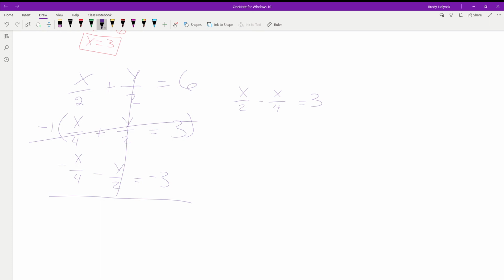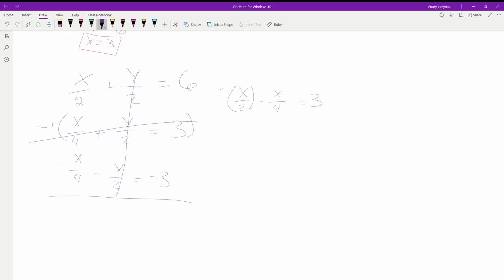So if we have x over 2 minus x over 4, think of it this way, we have a half minus a quarter. What do we have left? A quarter. So here, we need to make these denominators equal.